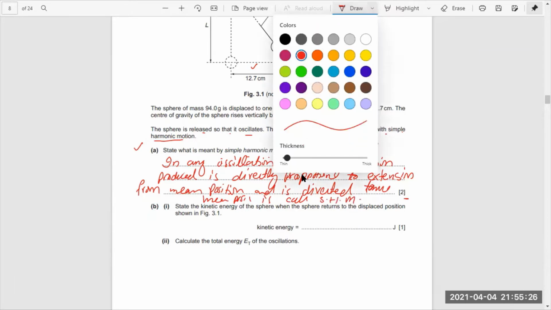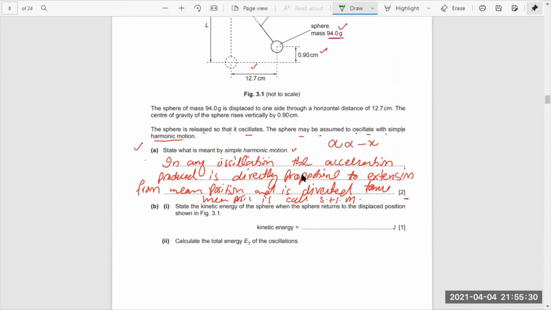Very clearly, the examiner is behind the information, and that information is that you have to state that acceleration is directly proportional to the extension from mean position and is directed towards the mean position. If he gets this information, he will definitely give you both of the marks.